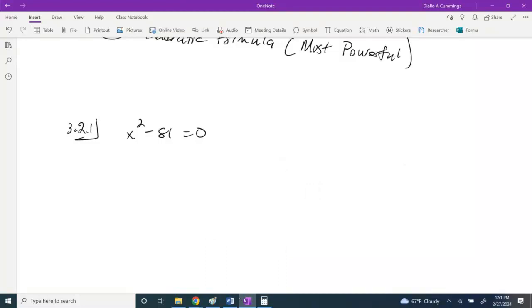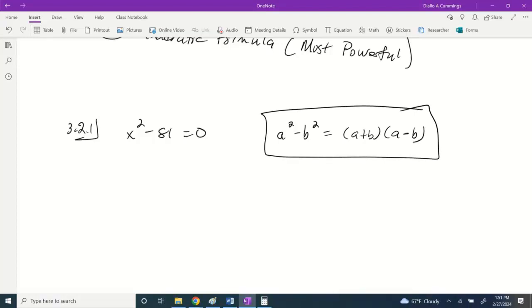And the formula looks something like this. A squared minus b squared is equal to a plus b times a minus b. So if your problem fits this condition, then you can factor by using this formula.